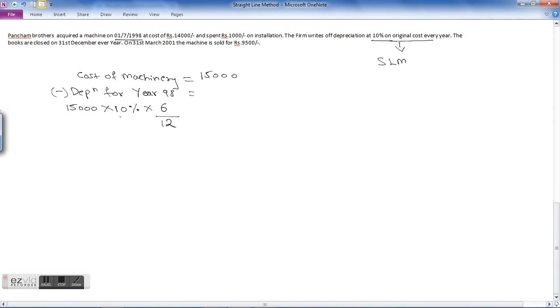Okay, since 10% is per annum, or per year, we need to calculate a proportionate depreciation.